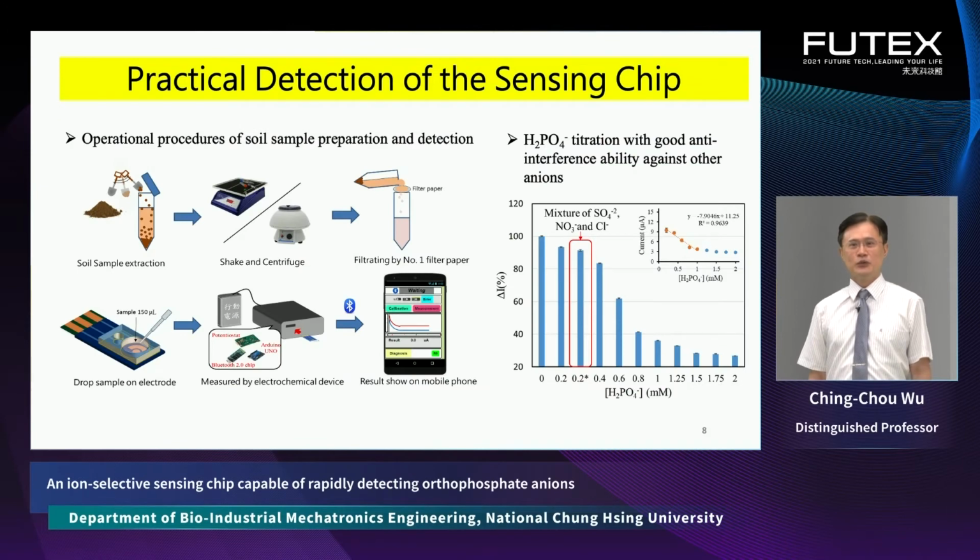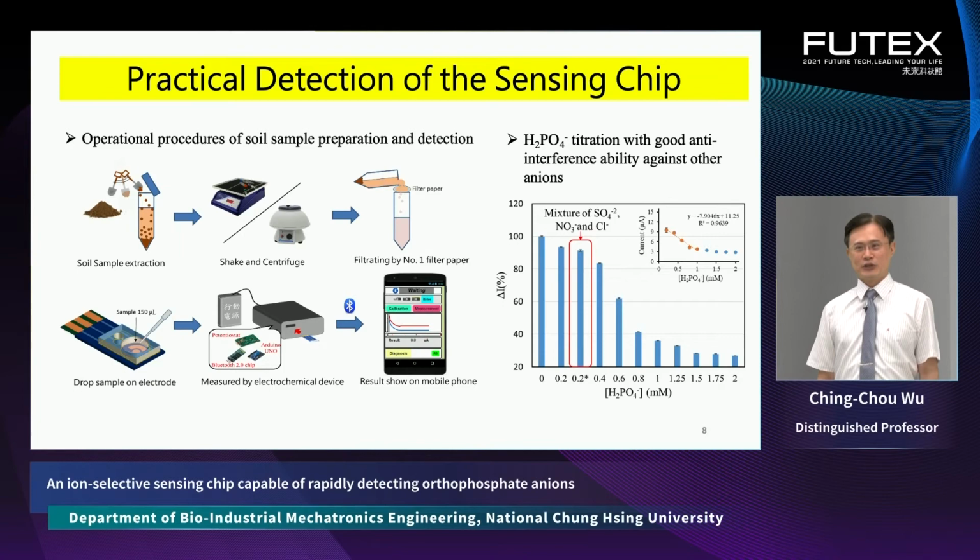And finally, we prepare the solution extractants from the soil, and we directly drip the extractant solution on the working container and then use the self-made potentiostat to measure the current relation with the phosphate concentration, and finally send this data to the mobile phone.